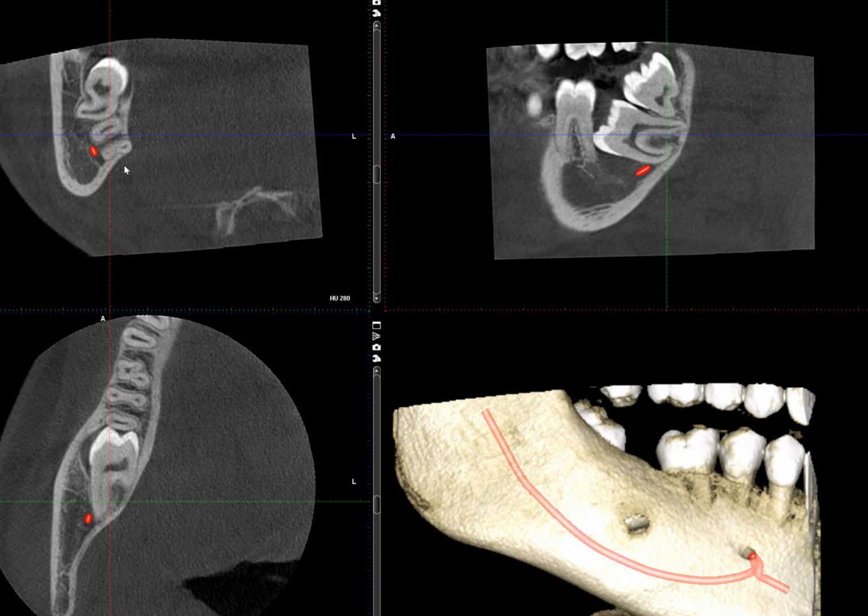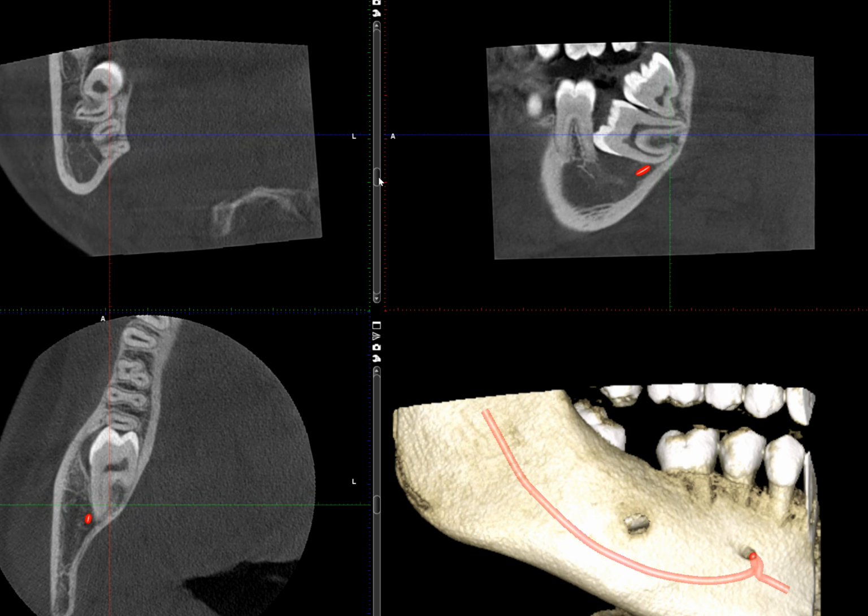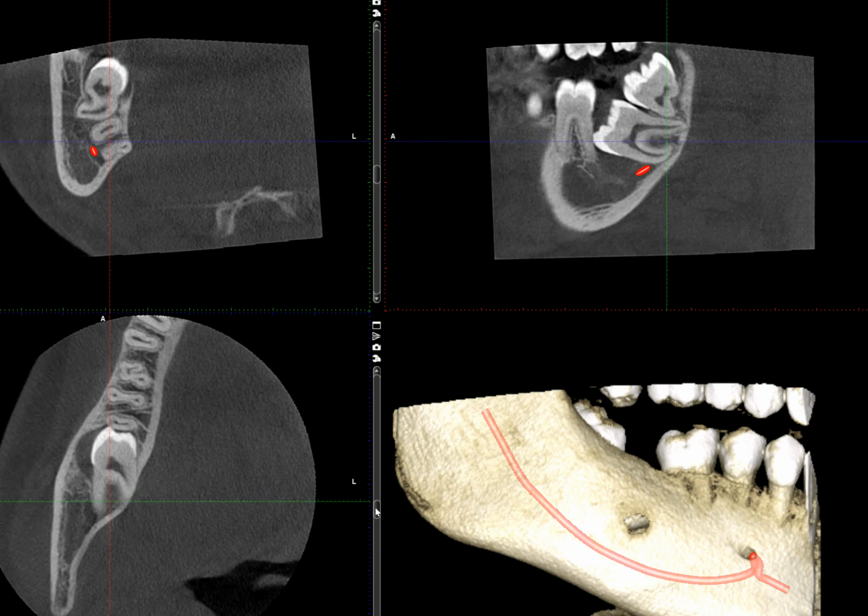Two roots, all right, and then the mesial root appears to be bifurcating into two different canals, and there is a mandibular canal that's running buccal to those roots, and we can see that from this axial view as well, right? So we have number 31, and the canal is positioned buccal.